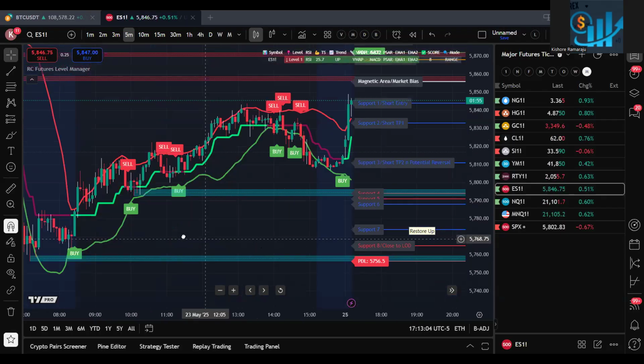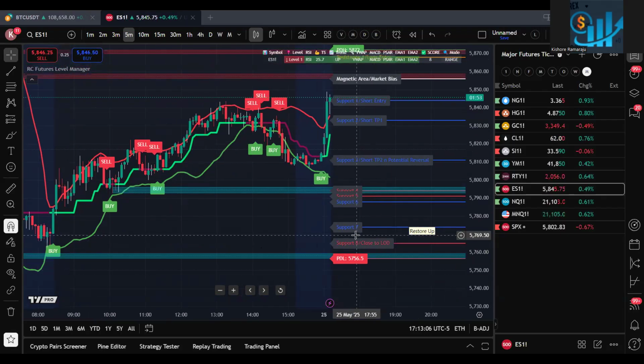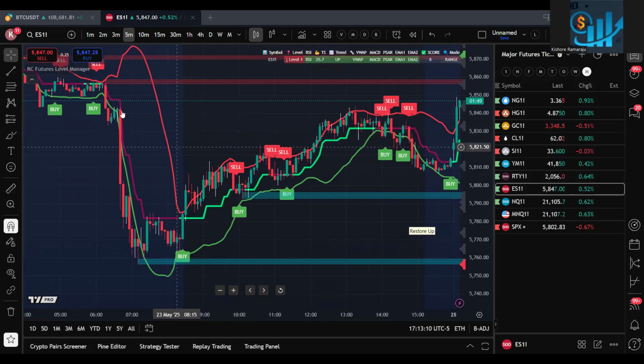It came all the way down to support 8. So at that point in time, the score dropped to 1. It dropped so much. Everything became red. Score was 1.